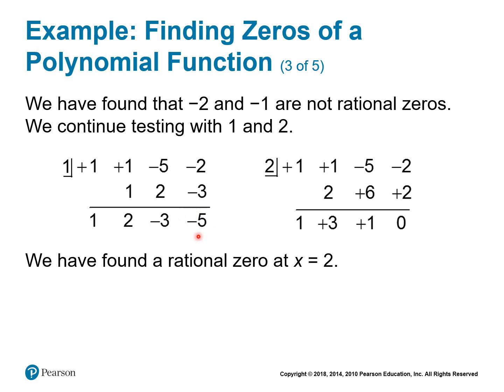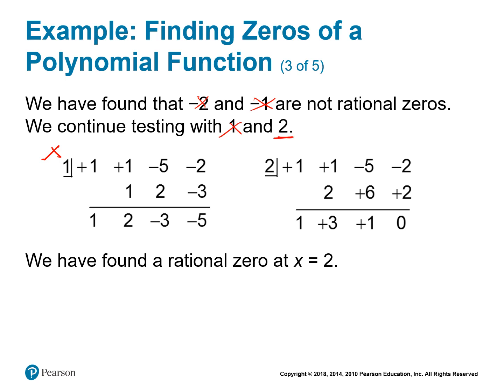Therefore, 1 is not a 0 of the function either, so I'm going to cross that out. Now we are just left with 2.